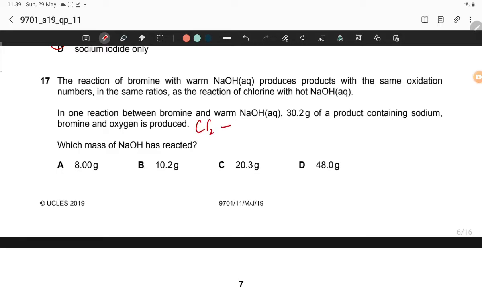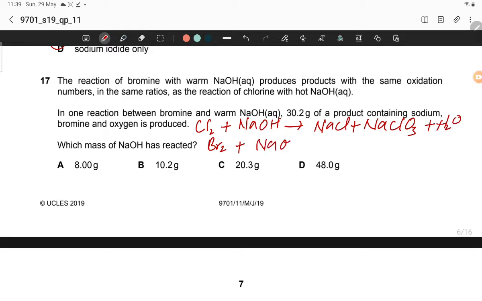Chlorine with hot NaOH forms NaCl plus NaClO3 plus water. The similar reaction with bromine: Br2 plus NaOH gives NaBr plus NaBrO3 plus water.